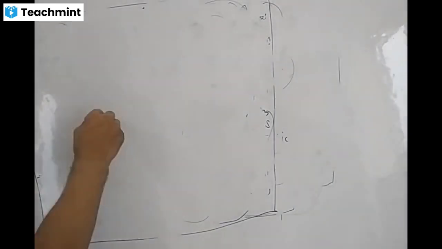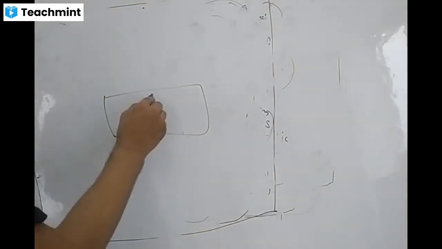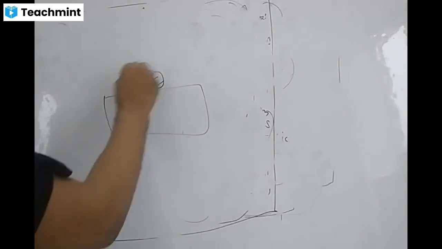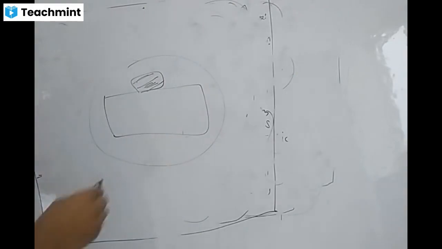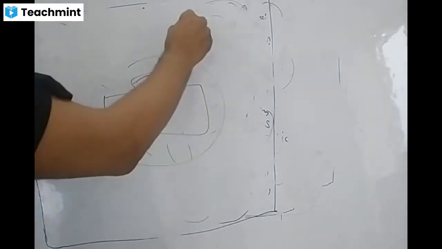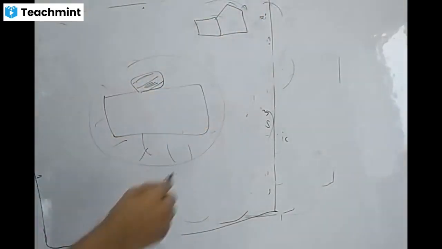Then the mechanism of penicillin. Penicillins are beta-lactam members. They bind with one protein. Suppose this is the bacterial cell membrane having one target, and this is the cell wall. This is our penicillin.